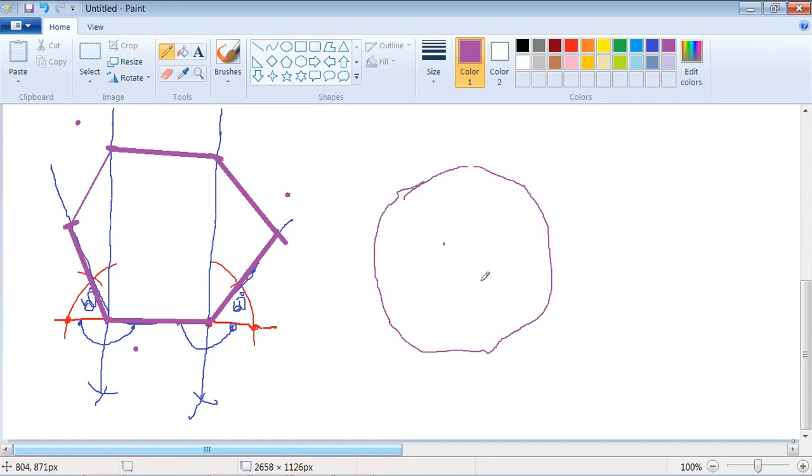When you have your circle, get the t-square and draw a line with the t-square tangent to this point here. Draw a line tangent to this with the t-square. Draw a line tangent to this point, tangent to this other point.